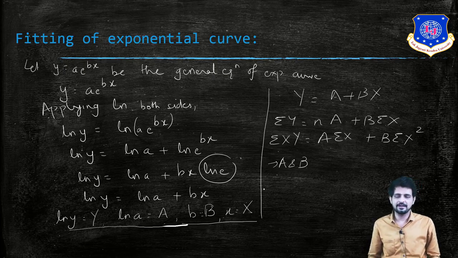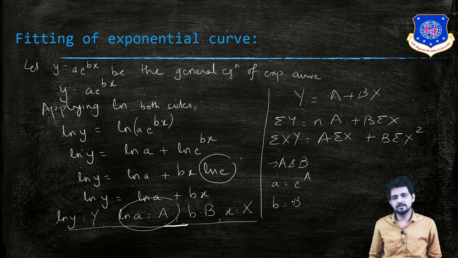How can I find small a? It can be found by this formula, e raised to capital A, because capital A is ln of a. If I take the exponential of this, then I can get the value of small a, and small b is nothing but capital B. So after solving these two normal equations, we find the values of capital A and capital B, and by placing these values in these equations, we can find small a and small b.